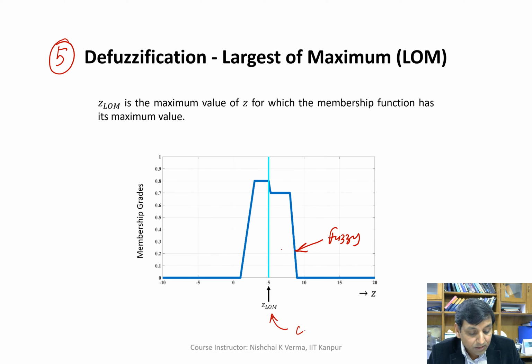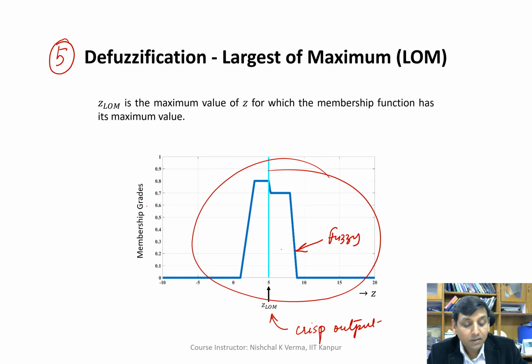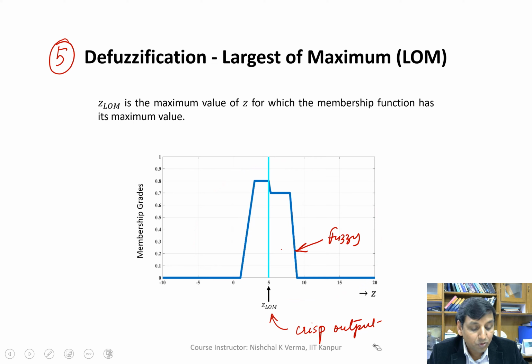So when we apply largest of maximum to this fuzzy output, we get the crisp output converted.